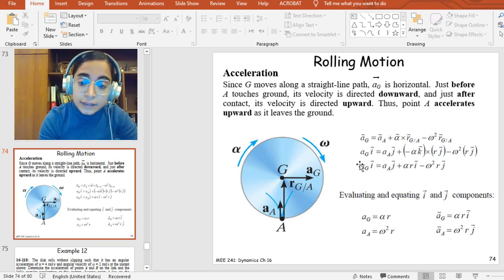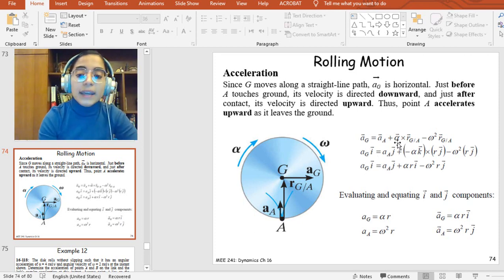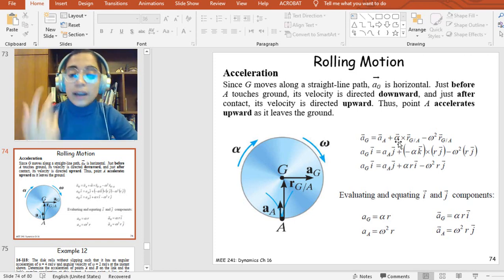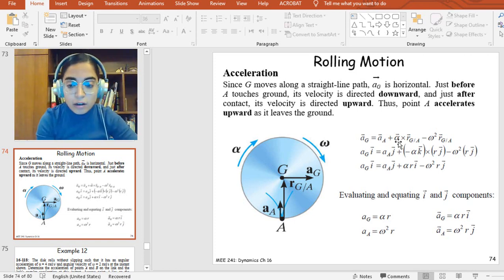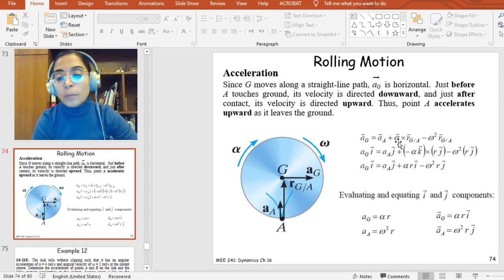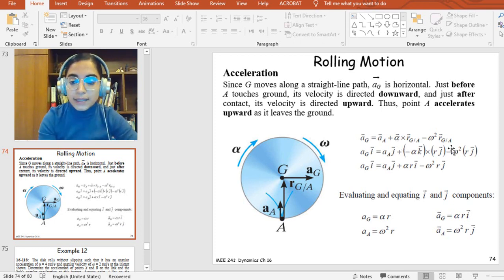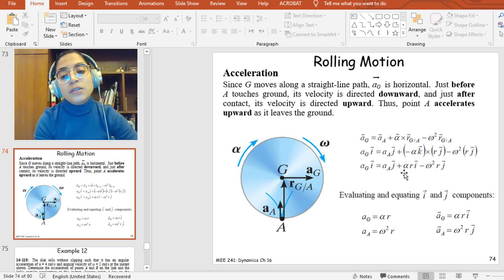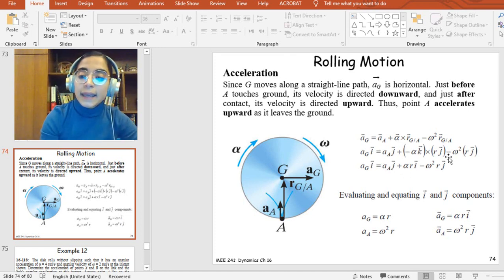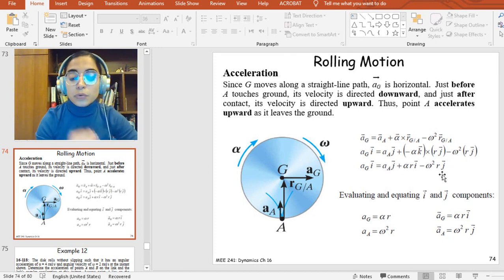And I know that AG with respect to A will have two components, alpha cross RG with respect to A and the normal acceleration. So if you replace them and you do the cross product, k cross j is minus i, and I have a minus sign, then this will be alpha R i, and then here I'm going to have minus omega squared R j.